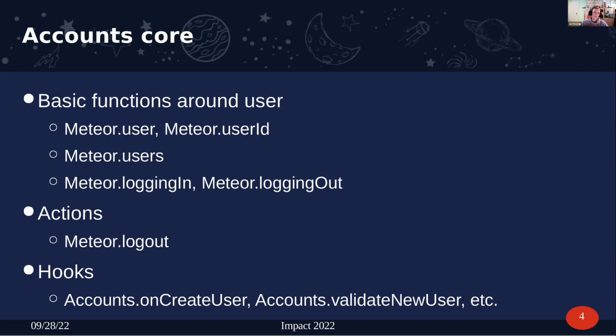You can manipulate it like any other collection, so you can do .find, .findOne, and all that. Then we have additional reactive variables like Meteor.loggingIn or loggingOut, and a couple of others, which give you more information about the state of the user. These are usually used around the login or logout functionality if you want to show something special.